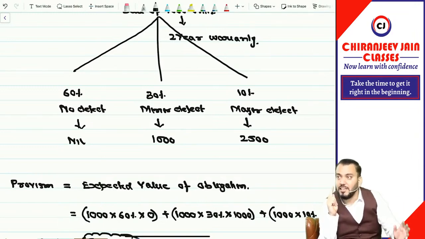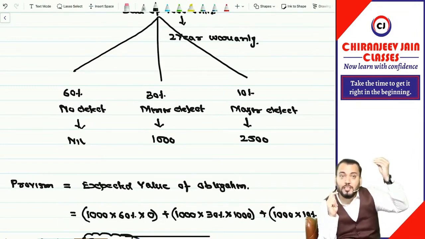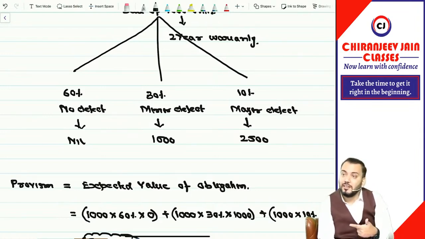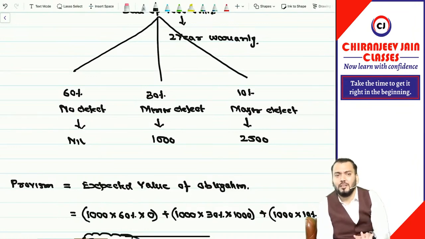And out of 8 subjects, Ind AS 37 you need to process it. And if you can't process it, this will become difficult. Correct? So consistent revision required. If you can revise it, very simple. If you forget, you can't retain it, then difficult.